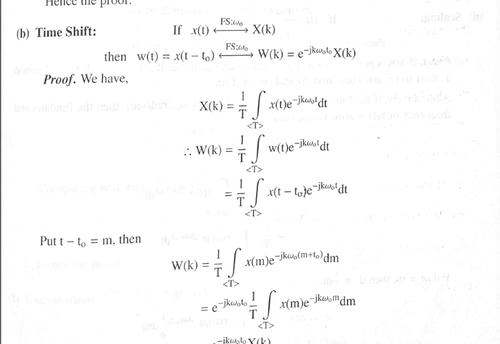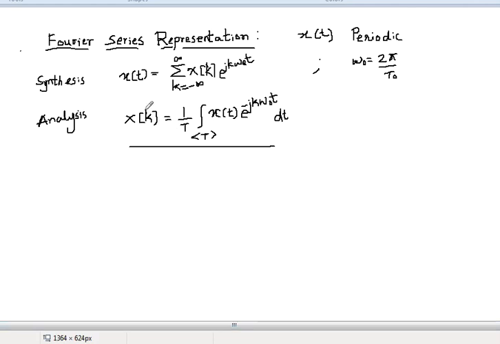Now, to write this equation as a Fourier domain representation like x of k, we should have only one term here, so that x of k is 1 by T, x of t e raised to minus jk omega naught t.